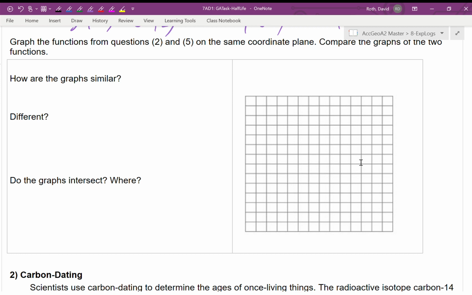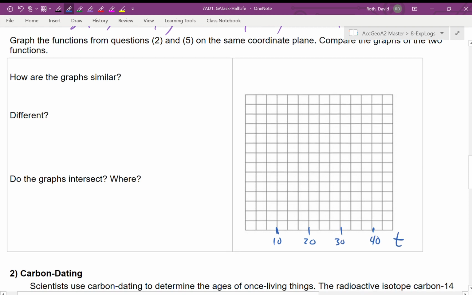What hours did we use? I think we had a 20-hour mark. Let's see, I'll make my scale 10, 20 hours, 30 hours, 40. I'll extend the graph out a little bit beyond what I had from above. So this will be the hours that go by, and we'll have the milligrams of caffeine.